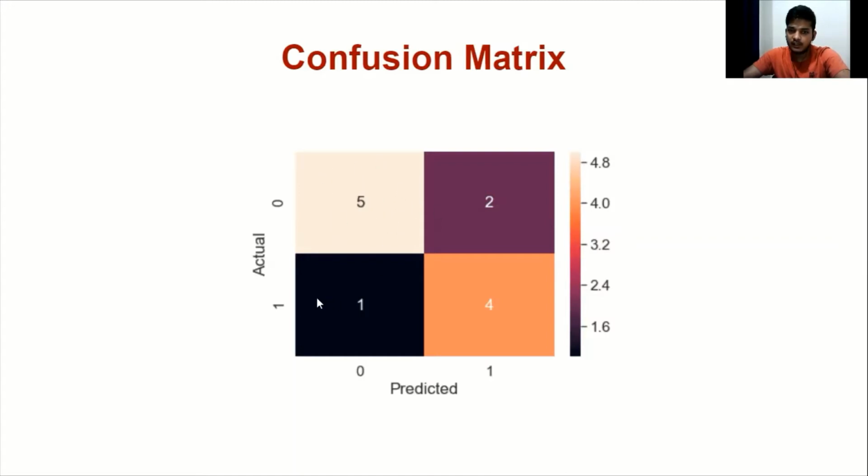On the other hand, there were 5 examples where the actual value is 1, and out of those 5 you predicted 4 correctly and 1 wrong. So 80% of predictions were right where the actual category is 1, which is lower than for category 0. This is how you can interpret confusion matrices.